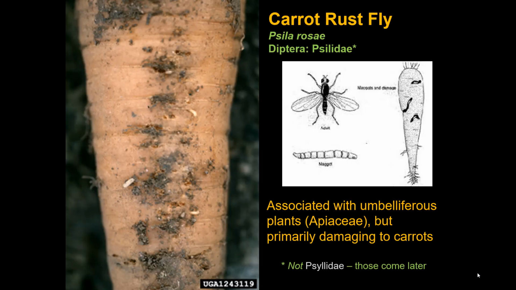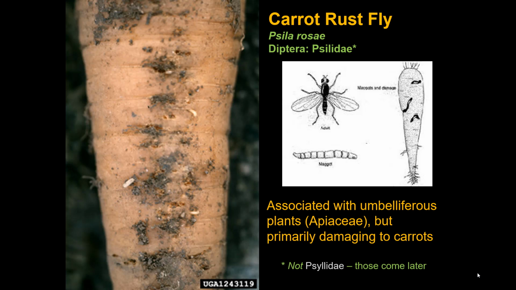And then getting near the end, just one kind of different fly, since we're on this idea of little tiny fly larvae that get into roots, there's a situation with something called the carrot rust fly. Much smaller kind of fly, and only is associated with plants in the carrot family, mostly carrots.